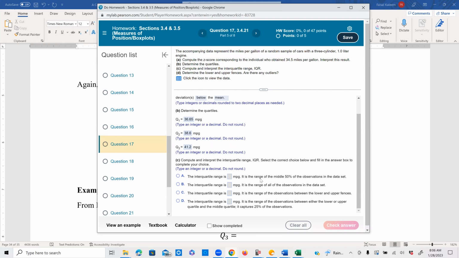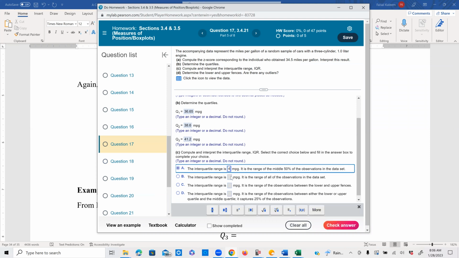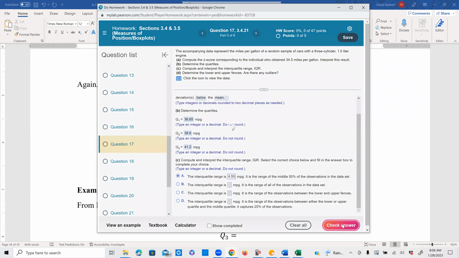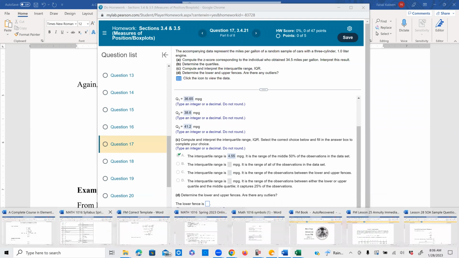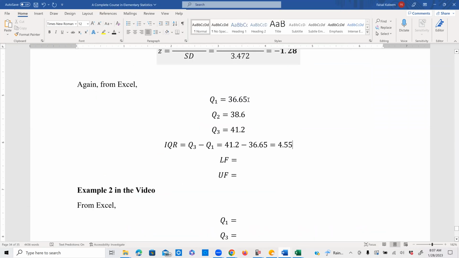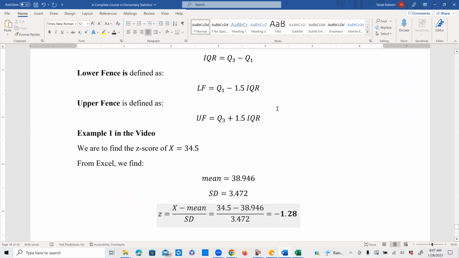An interquartile range is the range of the middle 50% of the observations. Because Q3 and Q1 are the 75th and 25th percentile, and you subtract 75 and 25, you get 50.